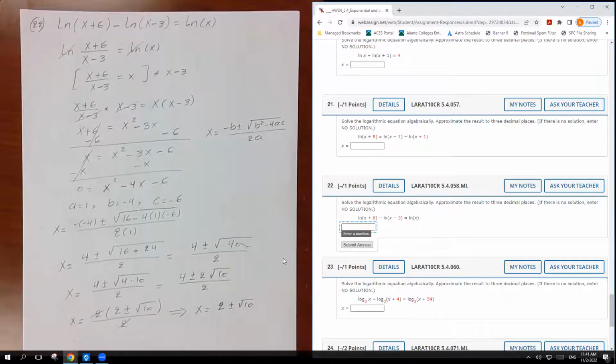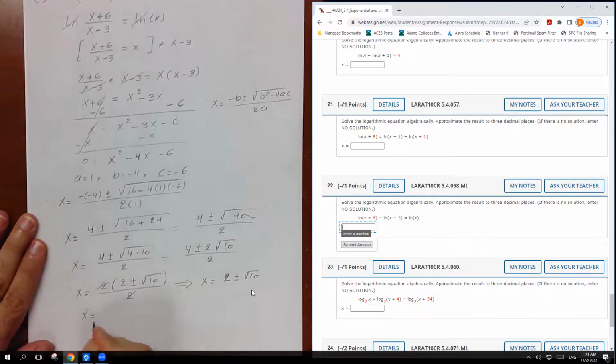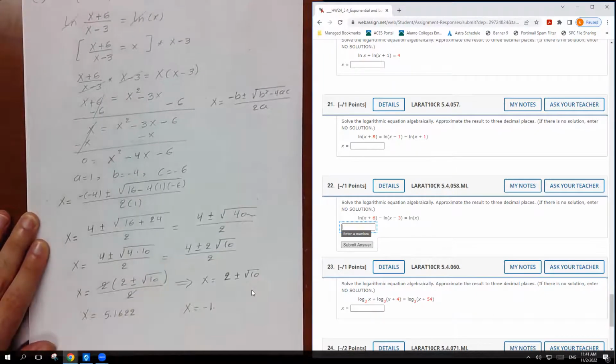So 2 plus the square root of 10, you're going to get, that means x is going to be equal to 5.1622 for the one with the plus, and 2 minus the square root of 10 is going to be negative 1.1622.